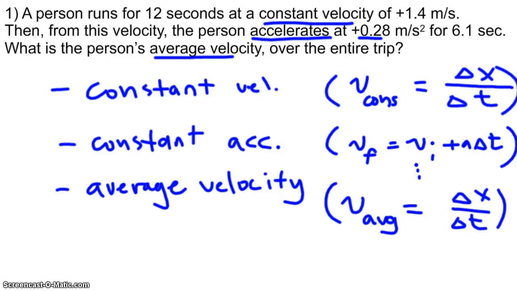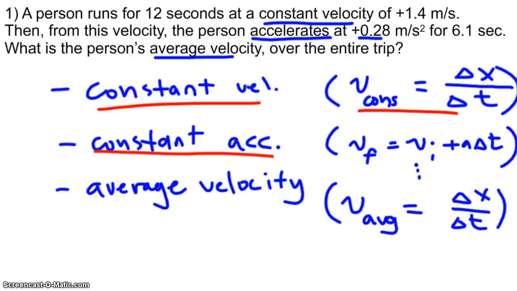Make these flashcards so that you instantly know when confronted with constant velocity, here's the equation you need to use to solve for anything. And when you're confronted with constant acceleration, you remember we're looking at the equations with Vi, Vf, A, those sorts of things. And whenever you see average velocity, you're thinking about this equation. So make flashcards with these things.